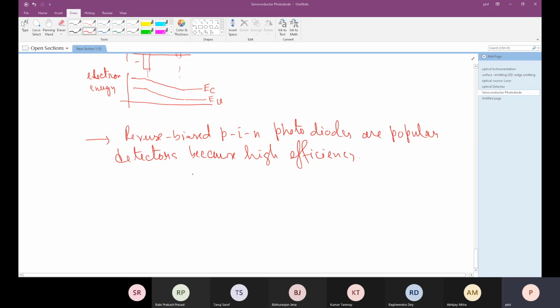So reverse biasing, basically, this is the normal diode IV characteristics. Now with the dark, I think I have drawn this, it should be parallel.